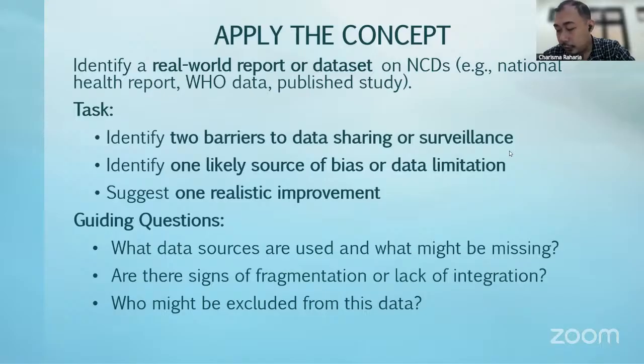Next, for question number 2, one likely bias and limitation that I found is selection bias. Like I said before, sometimes they found inconsistency between the reported and recorded data in the data collection. This might cause selection bias.